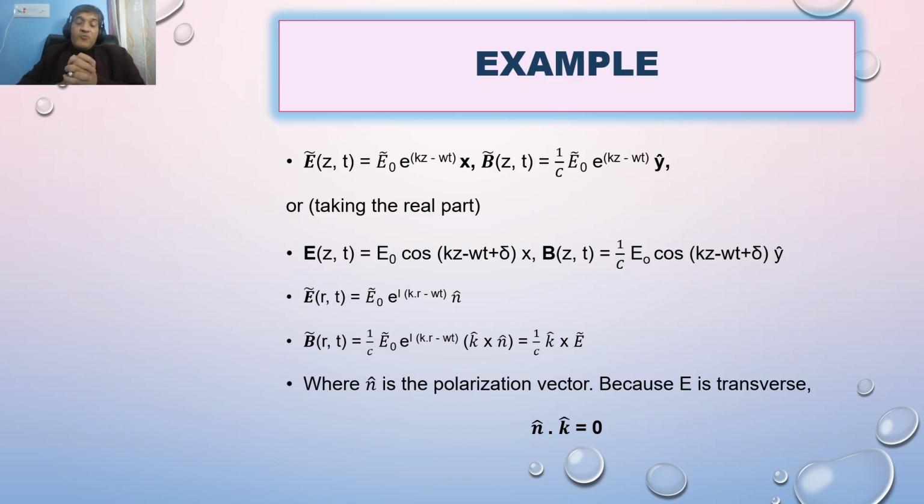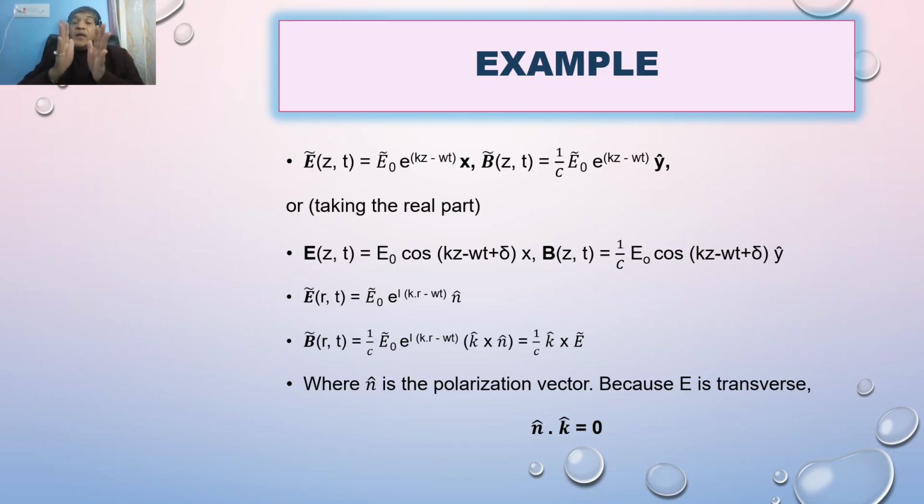I want to explain this point again. In the case of free space, the electric field and magnetic field are perpendicular to each other, but they are in the same phase, with zero phase difference between them. But in the case of a material medium, such as a conductor, we have a phase difference of pi by 4, or 45 degrees, between the magnetic field and electric field.